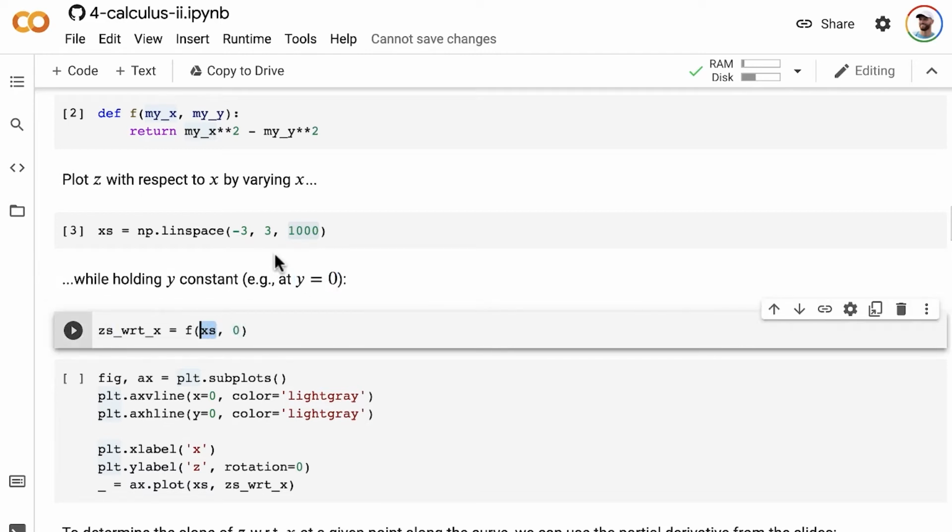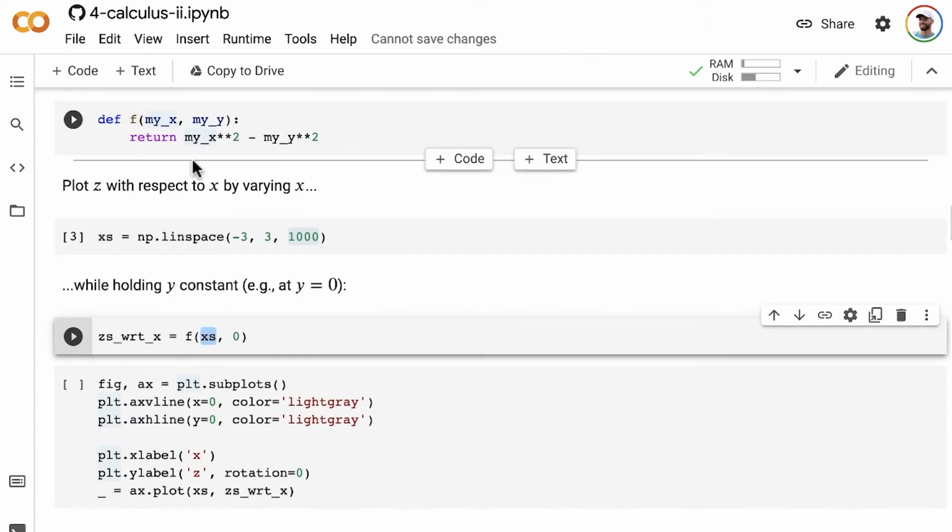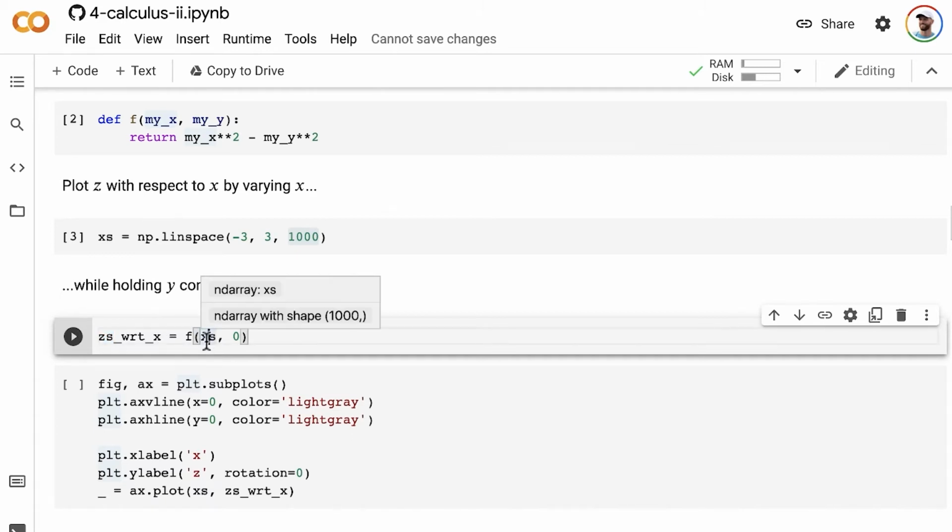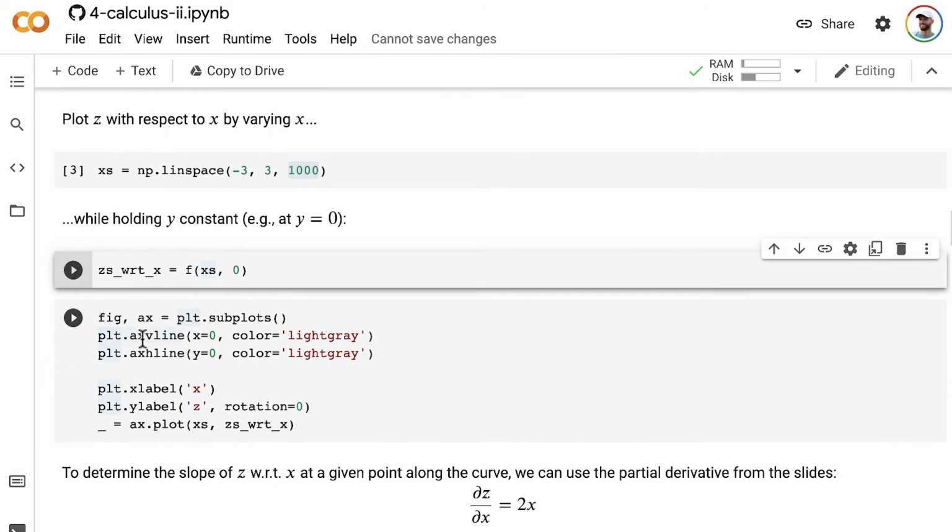Meanwhile, our 1,000 x values flow into our function f and give us 1,000 different z values. So these are our z's, our 1,000 z's in an array with respect to a varying x. And then we can plot out what that looks like already.